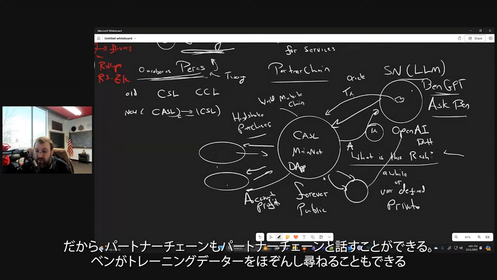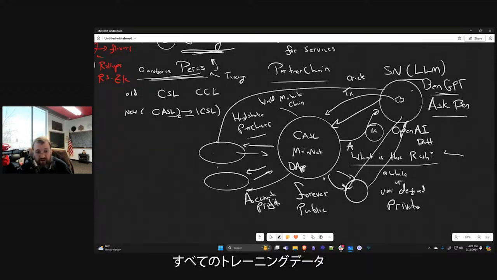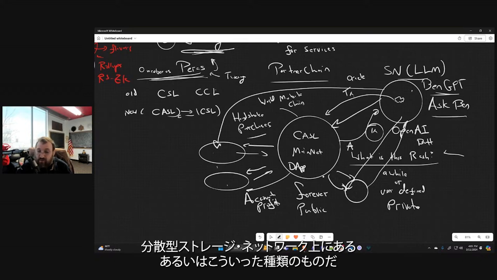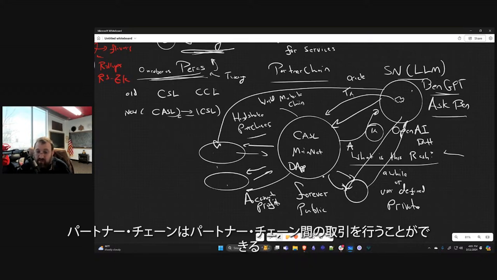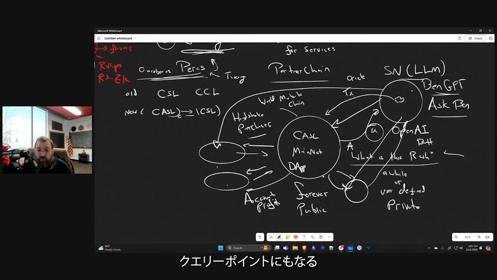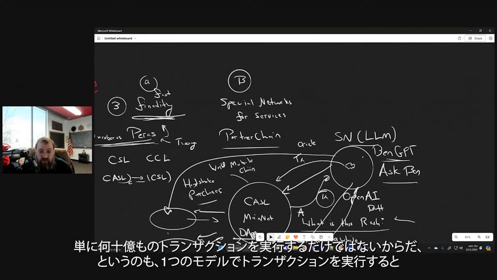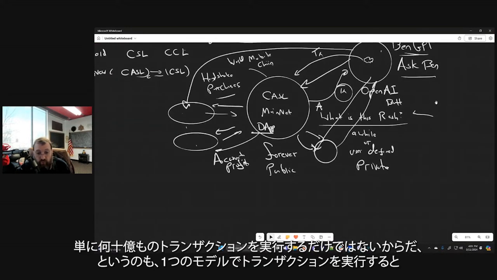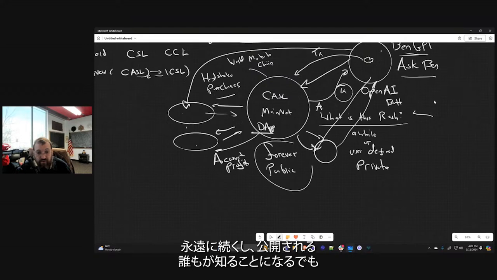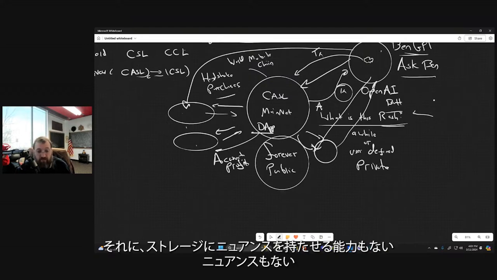So partner chains can also talk to partner chains, and maybe Ask Ben stores all of its training data on the decentralized storage network, or these types of things. So partner chains can do partner chain to partner chain transactions, and they also can be query points for your dApps. So this is a very important part of getting scalability, because it's not just running billions of transactions, because if you run them under one model, they're forever and they're public, and then everybody knows about your butt rash. And also, you have no ability to have nuance in your storage.